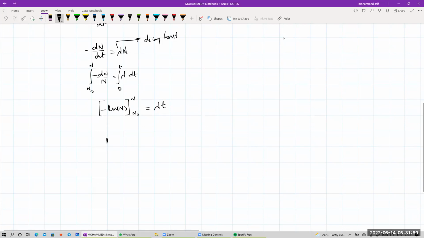So this can be represented as ln of n naught divided by N equals lambda into t, because I removed the minus sign and so substituted the lower limit into the upper limit. If I remove the ln, we get the formula N equals n naught exponential to the power of minus lambda into t.